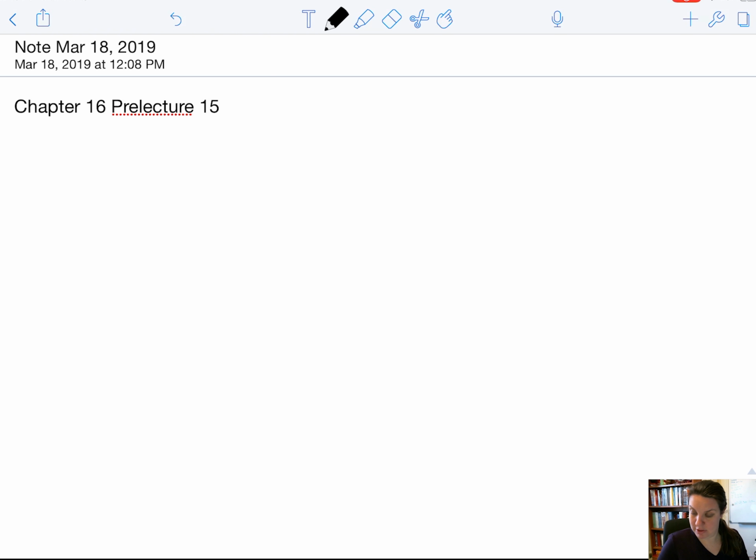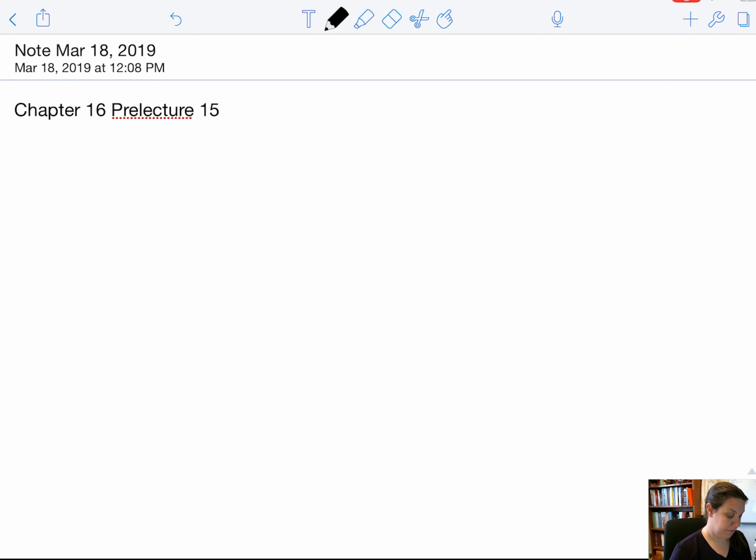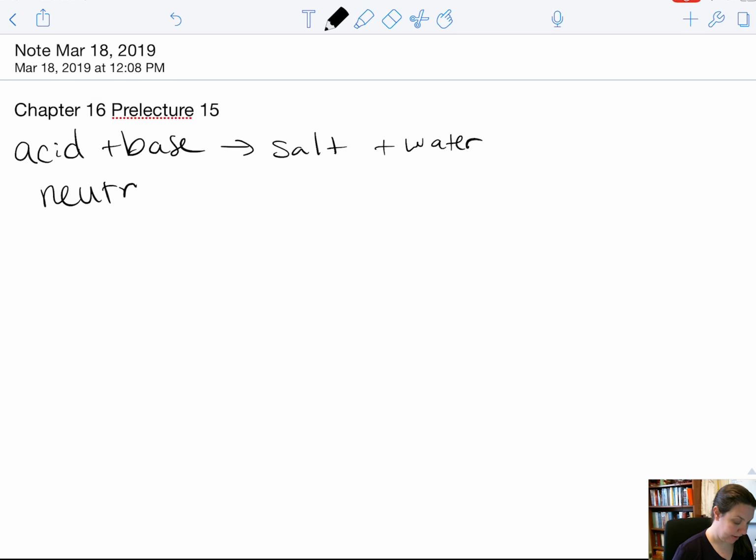Okay, so first we have to note that when we have an acid reacting with a base, we produce a salt plus water. Call this a neutralization reaction.